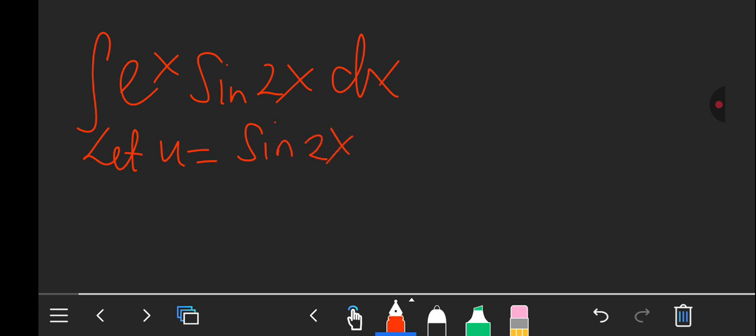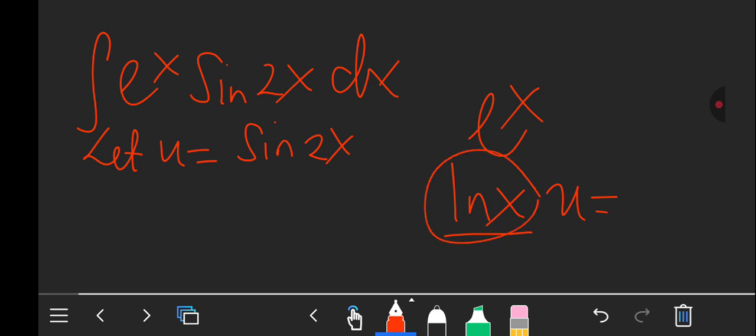It is not good to make u equal to e to the power x, because no matter how many times you differentiate e to the power x, the answer is still e to the power x. But in a situation whereby you have ln x, it is better to make ln x our u, because when you differentiate ln x, you get 1 over x.